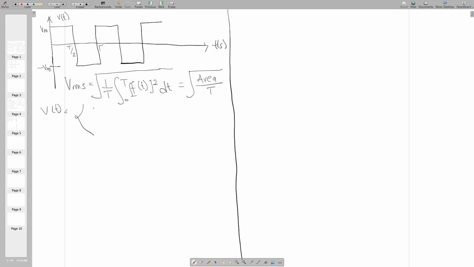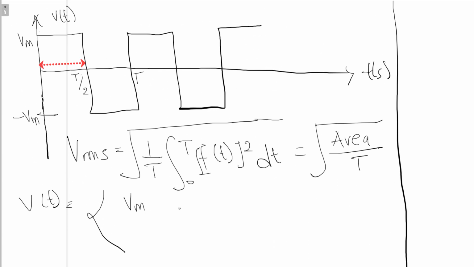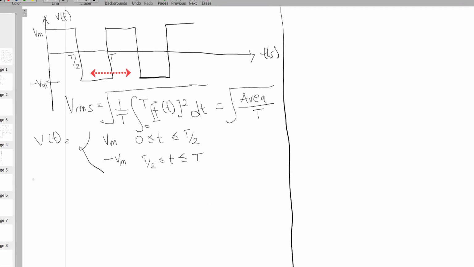For the positive side, the function is Vm and it ranges from 0 to T on 2. And for the negative side, the function is minus Vm, ranging from T on 2 to T.